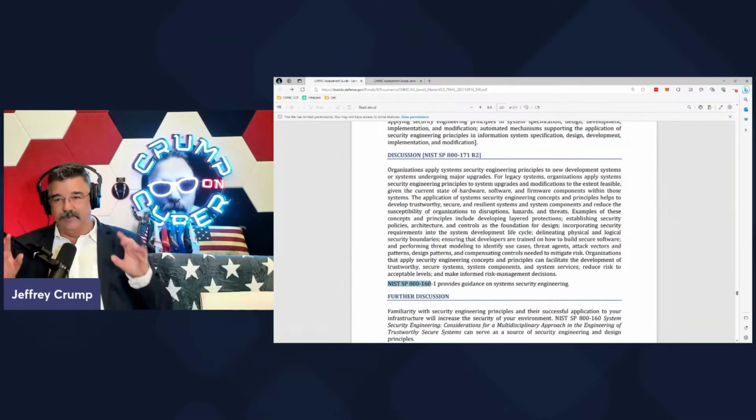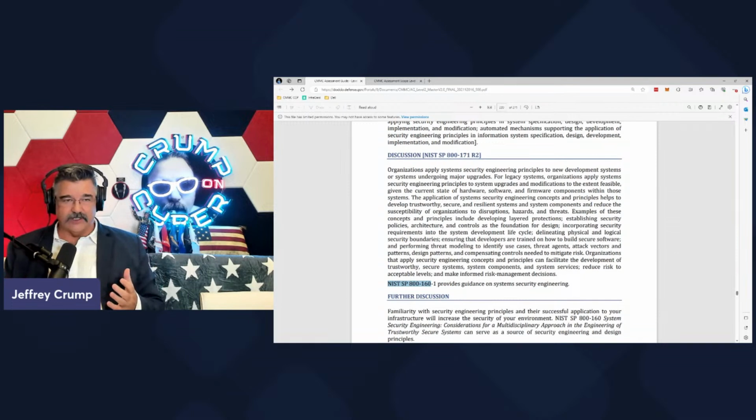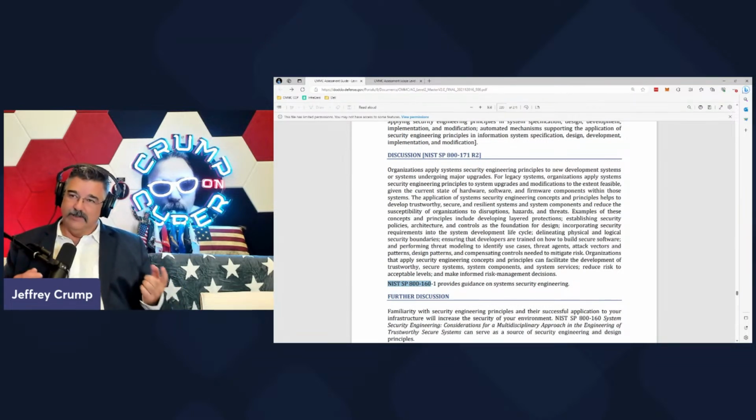So putting this into actual practice, we need to determine which constructs are most relevant to a particular system. Okay, so that's important.